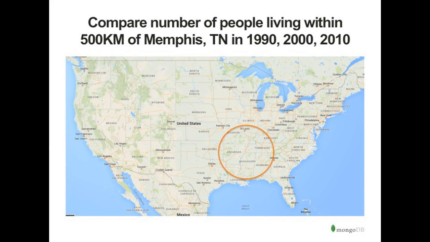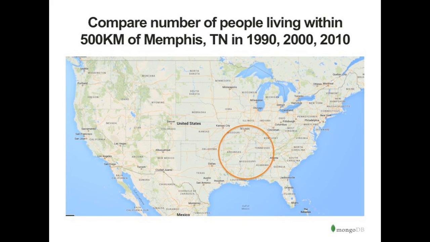So I'm sure many of you know that MongoDB has very powerful geospatial indexes that support a wide range of geospatial queries. And you can leverage that geospatial engine from within the aggregation framework.